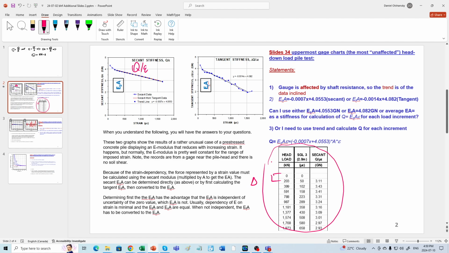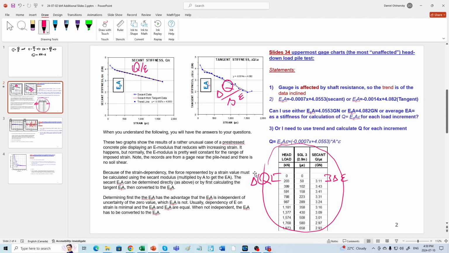So it's delta stress, and at the same time you have some delta strain, and you get delta... I'm sorry, not stress, it's load. So delta Q, just my mistake. Delta Q divided by delta strain.